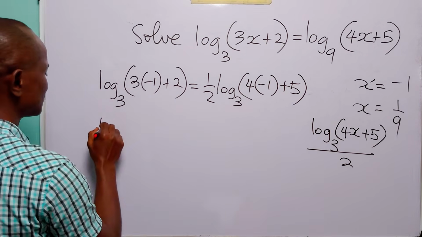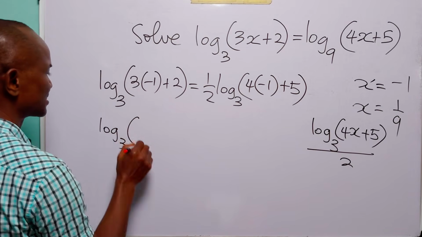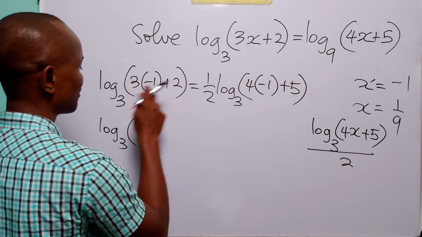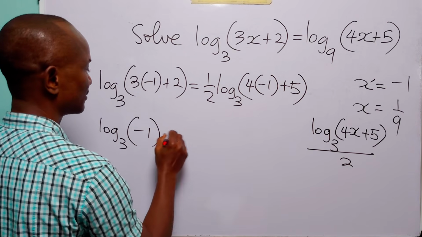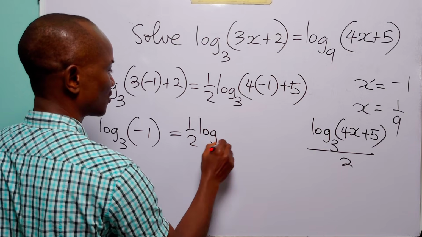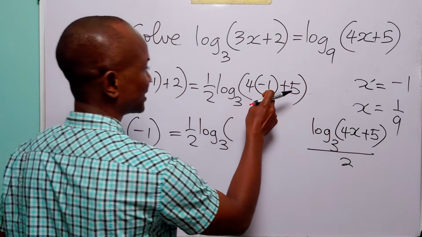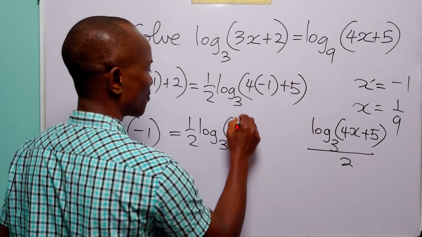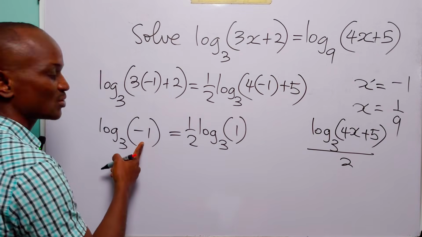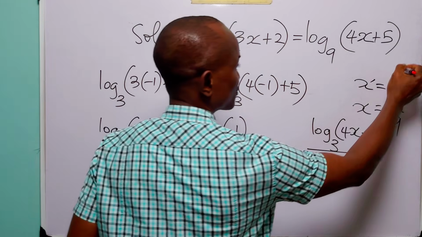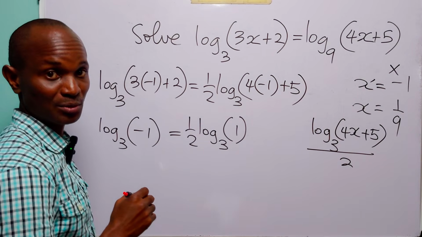Now, simplifying this, we have log to base 3 of 3 times minus 1 is minus 3 plus 2, minus 1. And here we have half times log to base 3 of 4 times minus 1 is minus 4 plus 5, 1. But we cannot have the log of a negative number. So minus 1 is not acceptable.